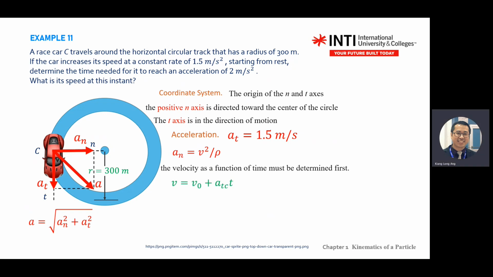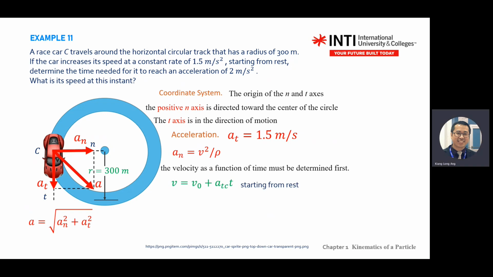So again, you are being told one hint is that acceleration is constant. So pull the three famous equations. You want to find velocity, pull the velocity equation, and you want to find time. So this is the equation that straight away gives you what you want. V equal to V0 plus AT times t.